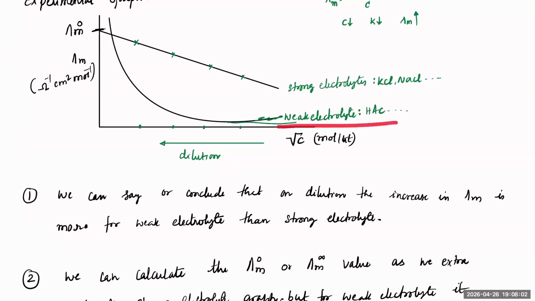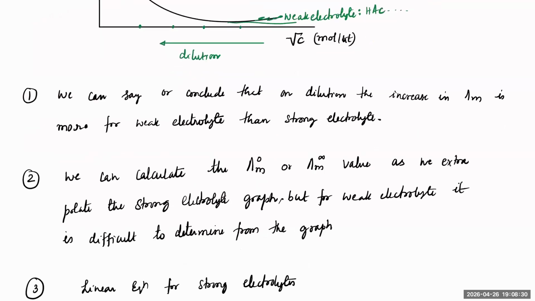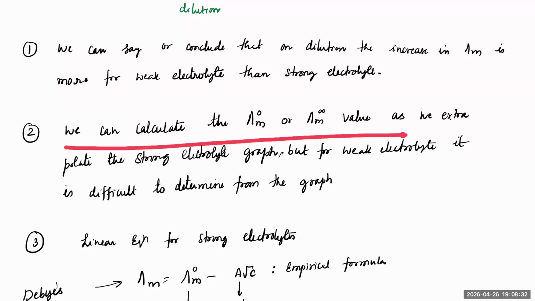But as the concentration decreases, the lambda m value drastically increases. You notice that as the concentration becomes very close to zero, the lambda m value shoots up. So what we can conclude from this graph is that on dilution, the increase in lambda m is more for weak electrolytes than for strong electrolytes. Second, we can calculate lambda m naught or lambda m infinity.